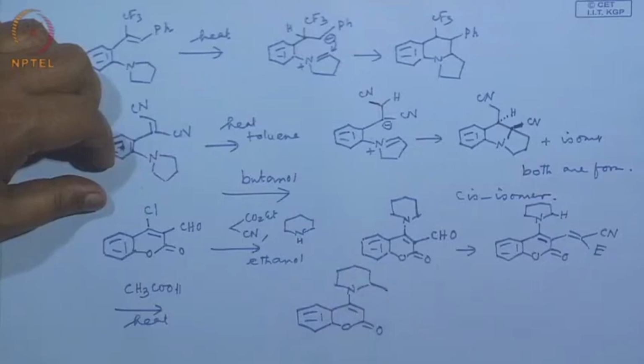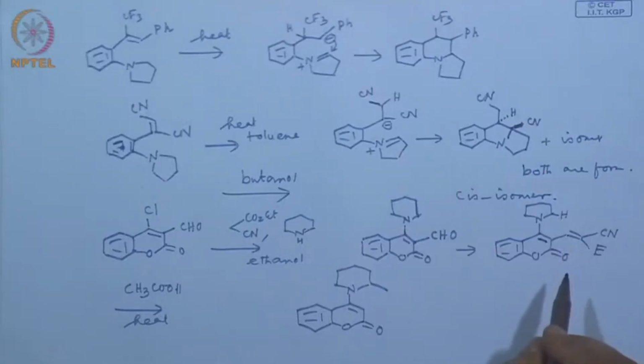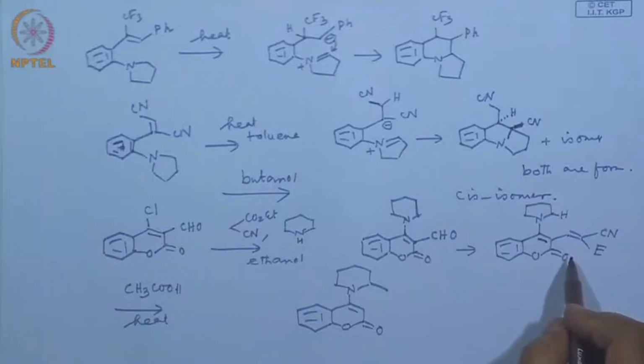Then we can blindly draw a bond here alpha to the nitrogen. It is then a matter of forming a 5-member ring or a 6-member ring, that is it, because you have a polarized carbon-carbon double bond. Now, when we have a clean polarized double bond, we know what is going to happen, right. If this is, let us say, the alpha carbon and this is the beta carbon, the polarization of the double bond is towards the cyano group.